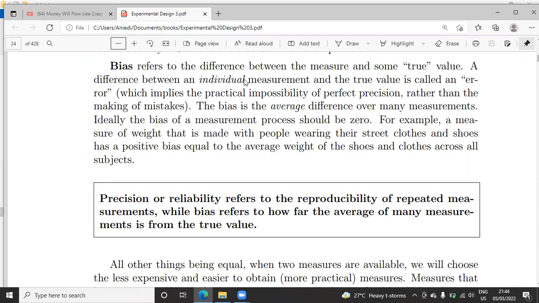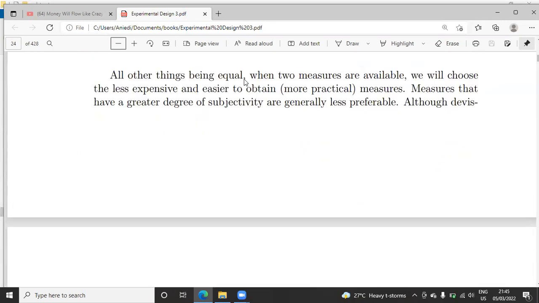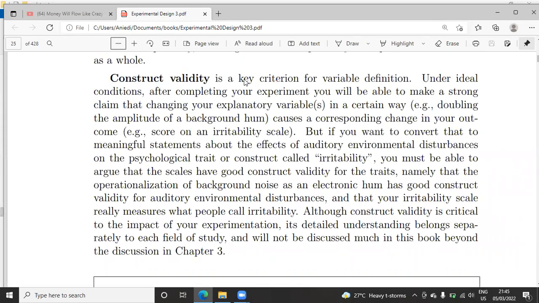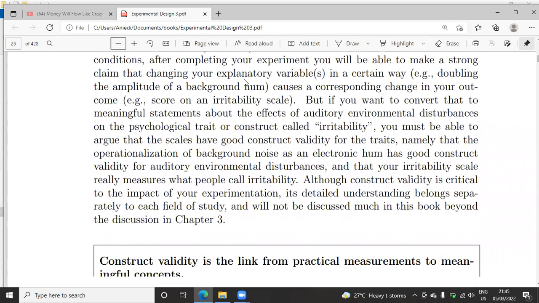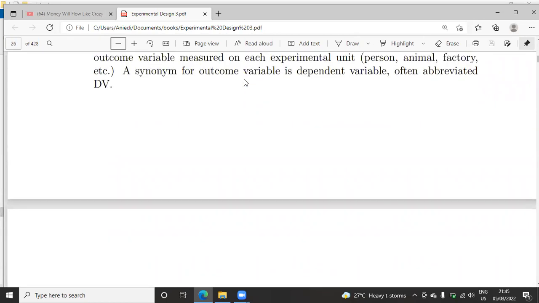For example, a measure of weight that is made with people wearing their street clothes and shoes has a positive bias equal to the average weight of the shoes and clothes across all subjects. So that is the man's explanation here. So okay, this one talks about concept validity.